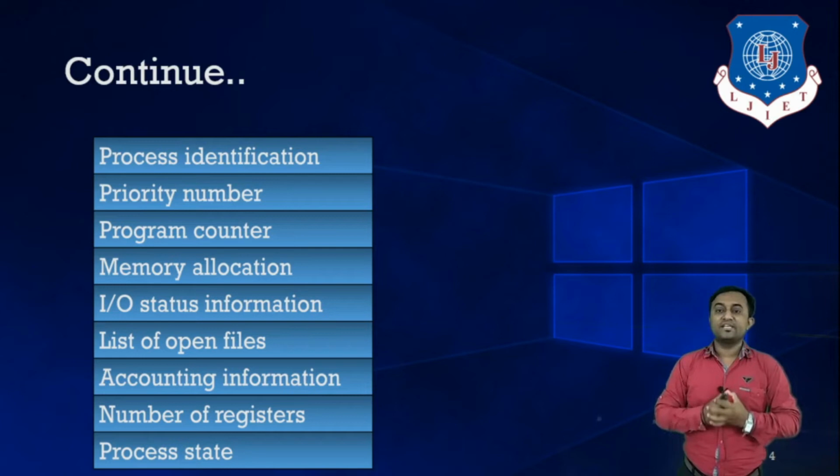Now the next field is priority number. What is priority number? Priority number is associated with each process. What is its significance? If you correlate this with real life situations, our politicians and IAS, IPS officers have higher priority as compared to normal people.